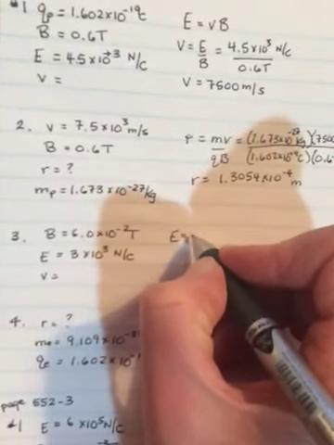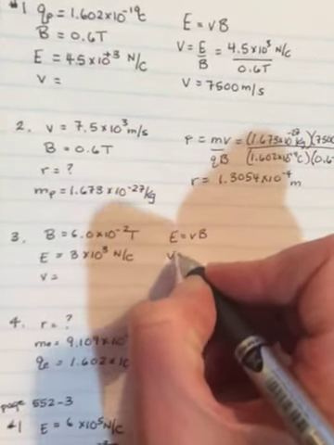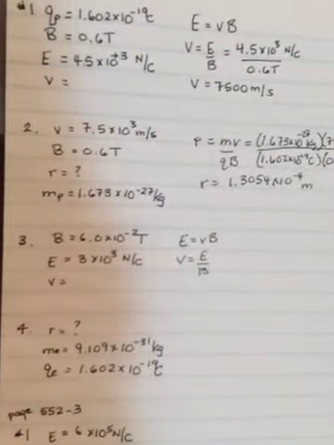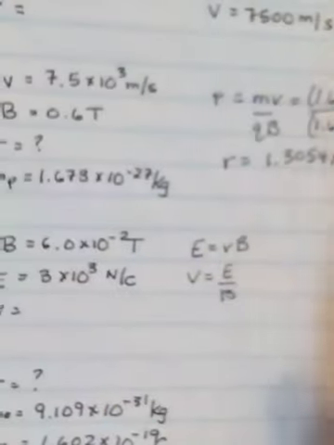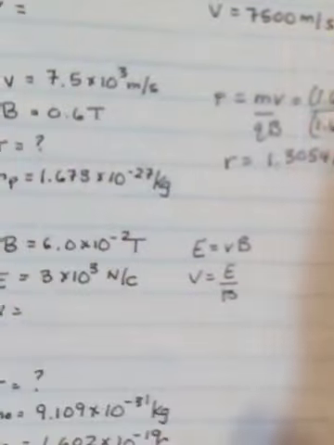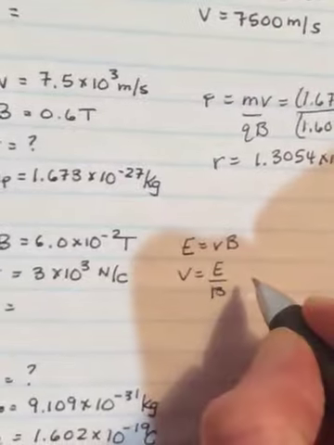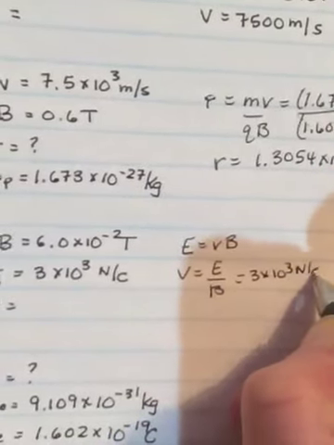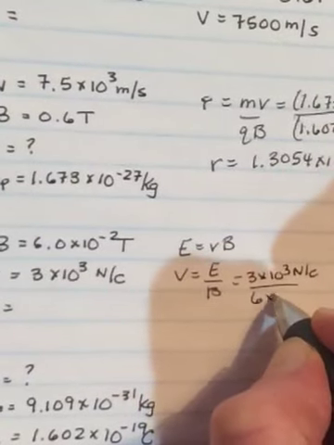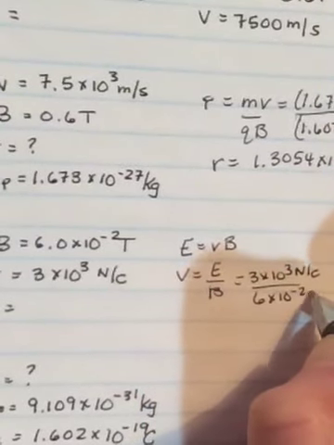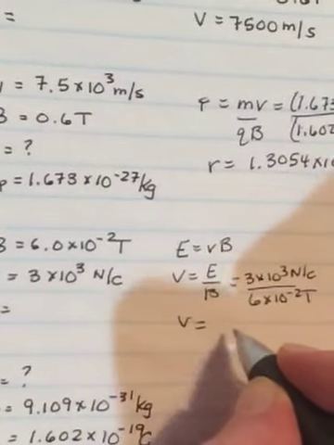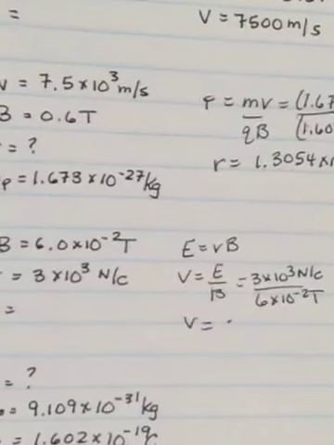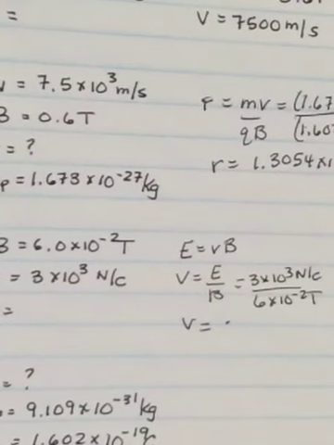So again, E equals VB, so V equals E divided by B. It's going to be 3 times 10 to the third newtons per coulomb divided by 6 times 10 to the negative 2 Teslas. So we definitely should get 0.5 to the something.